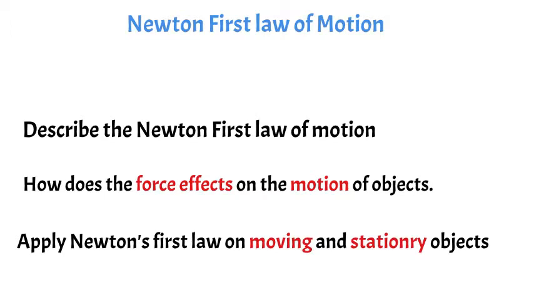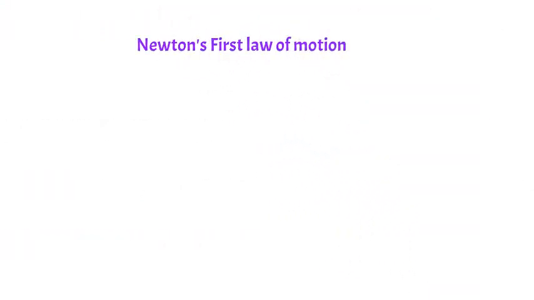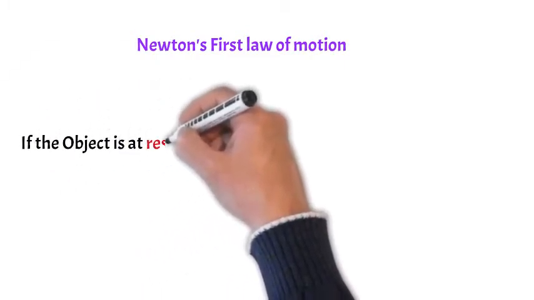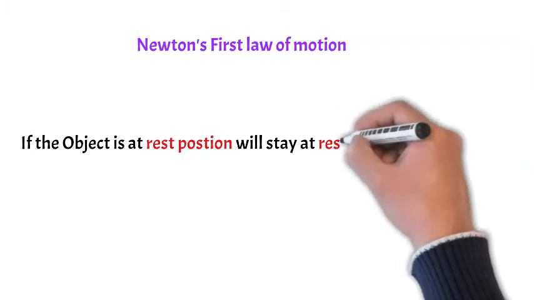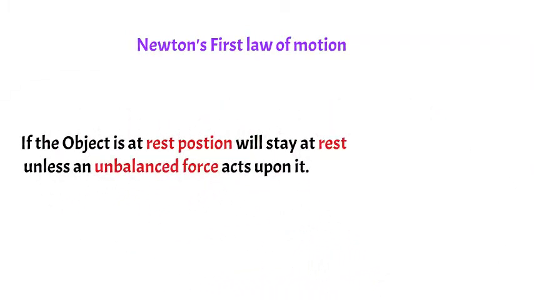Newton's first law of motion has two parts. In the first part, if the object is at rest, it will stay at rest unless an unbalanced or external force acts upon it.